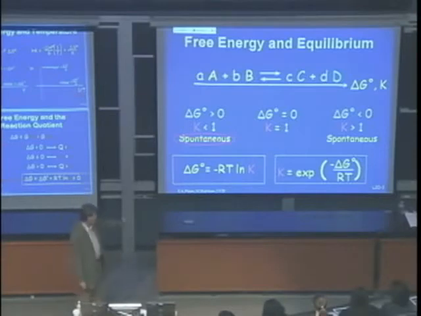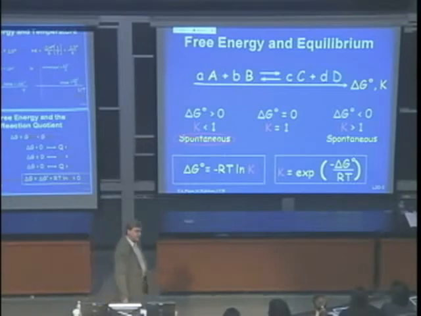Okay? You can now calculate an equilibrium constant if you know what delta G naught is. Or vice versa, you do an experiment and you determine the equilibrium constant, and with this you can calculate the change of free energy at standard state for that reaction. Good. So we've done that.